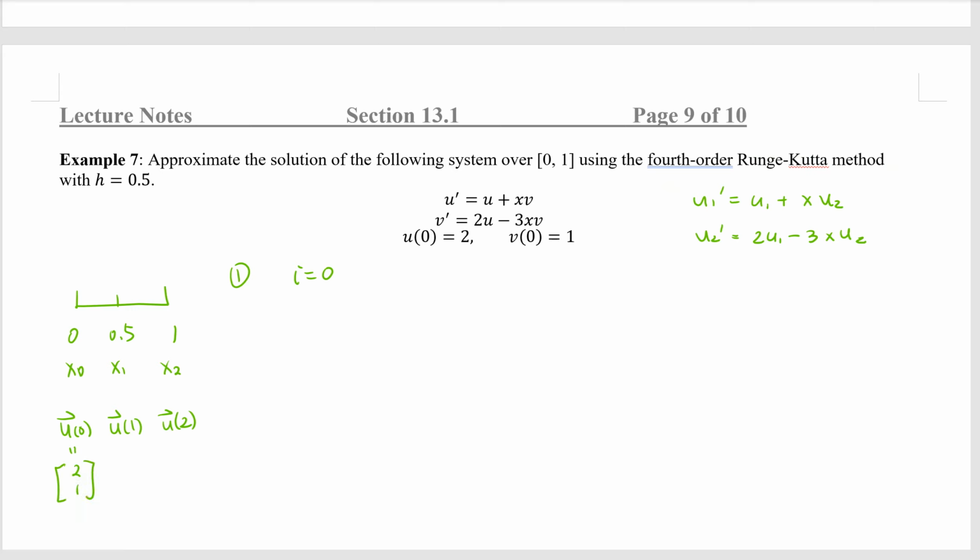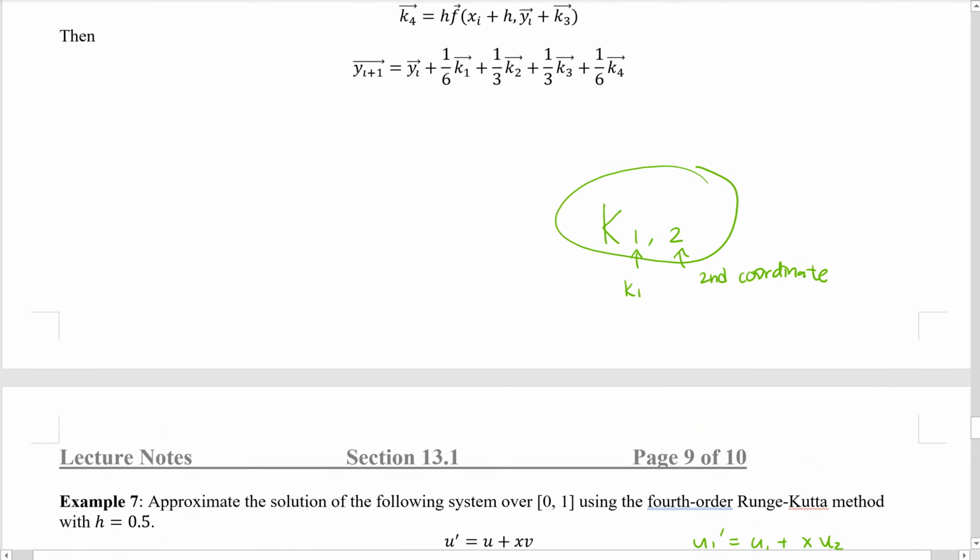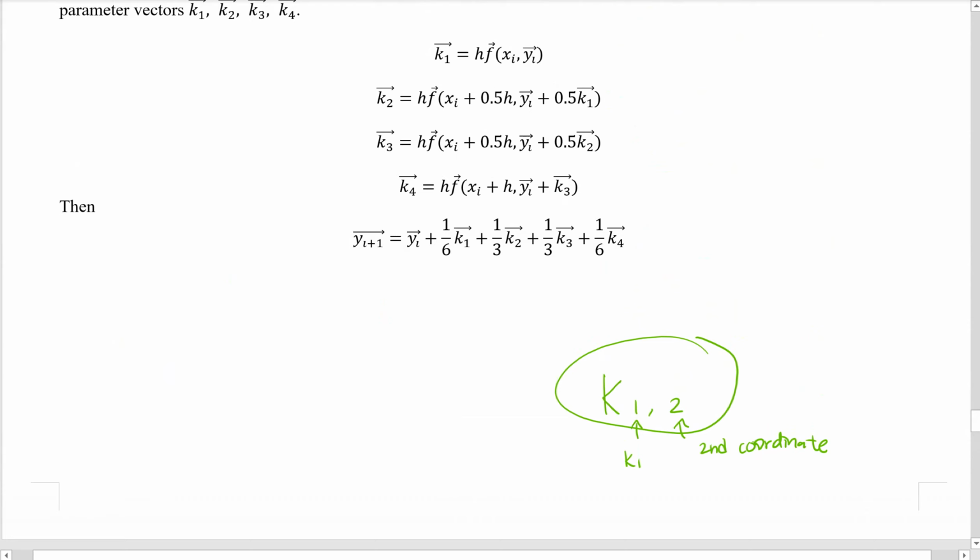So, k1,1. This is k1, okay? This is the first coordinate of k1. So by the formula, k1 is h, which is 0.5, times f.